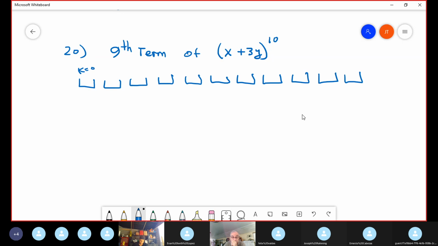K0 is the first. K1, 2, 3, 4, 5, 6, 7, 8, 9, 10, and 11. Okay, wait. No. This is wrong. Okay, it's up to 10 because from 0 to 10 we have 11 terms.